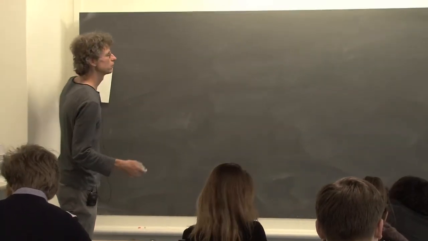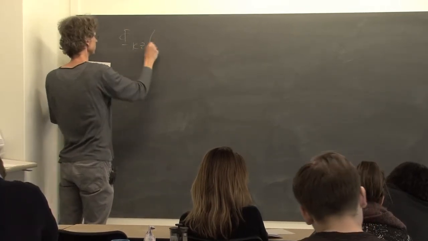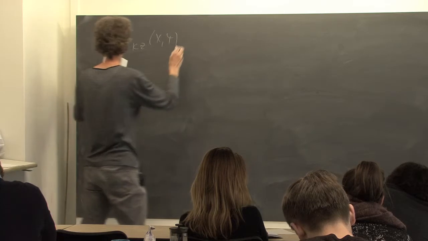So let me try to, okay. What was it? I need to write it down again. So Phi KZ of X, Y, there was some limit.